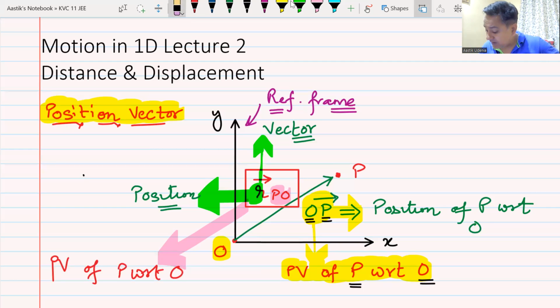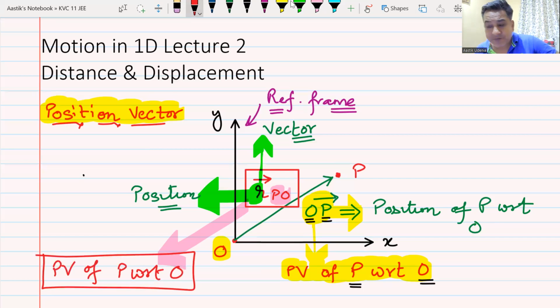That is one other way of writing this position vector, and this is the way that I prefer, because in this way I have written it in the same way in which I am going to talk about it. Do we understand this? R vector PO, R standing for position, arrow standing for vector.